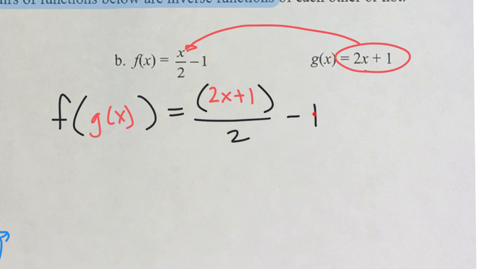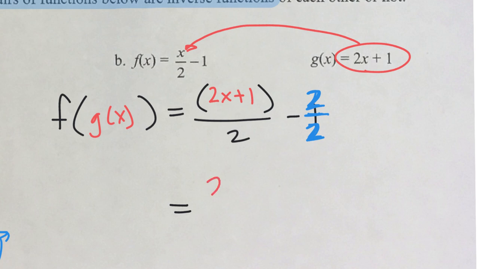So I'm going to change my 1 into a fancy 1. And that fancy 1 is going to look like 2 divided by 2. Because what is 2 divided by 2? Well, that's just 1. So I have not mathematically changed my equation at all, but I have now created something that I can actually add and subtract, a fraction minus a fraction.